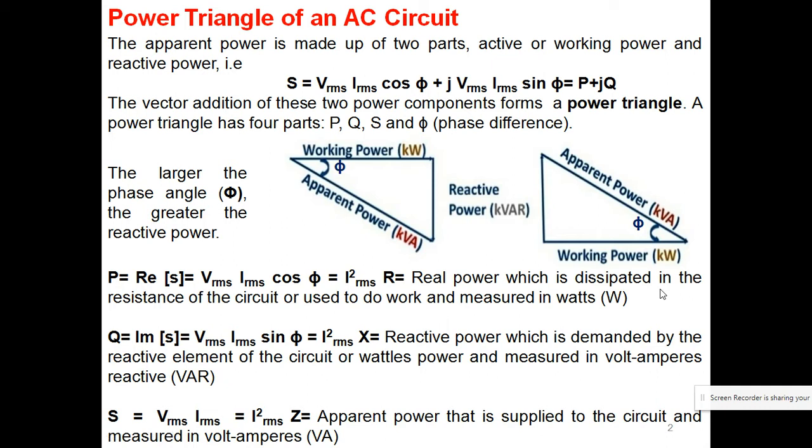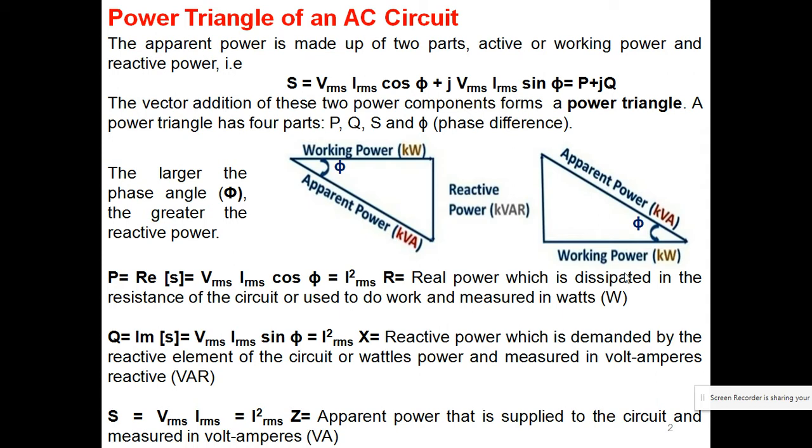And third is the apparent power, which is given by I RMS squared Z, where Z is the impedance, which we have already defined. This power is supplied to the circuit, and it is measured in volt amperes or kilovolt amperes.